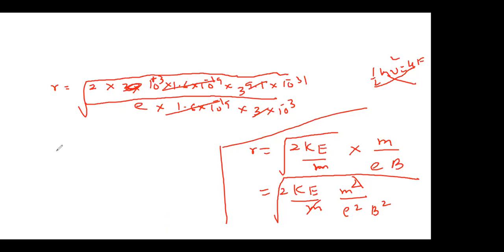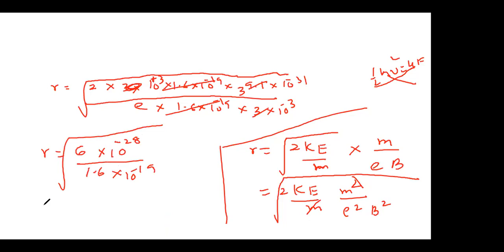So R equals to 2 into 3, 6 into 10 raised to minus 31 plus 3 will become minus 28 upon P is 1.6 into 10 raised to minus 19. Therefore, R equals to 60 upon 16 into 10 raised to, minus 28 plus 19 is plus 9.